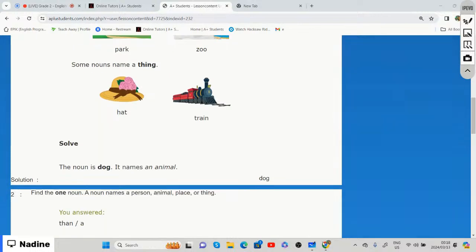So if we look at an example, we can say the dog is a noun. So the noun is a dog and it names an animal. So that is probably just selecting certain random nouns.